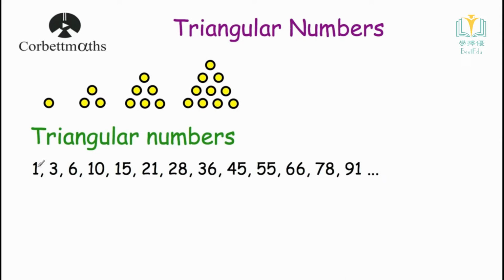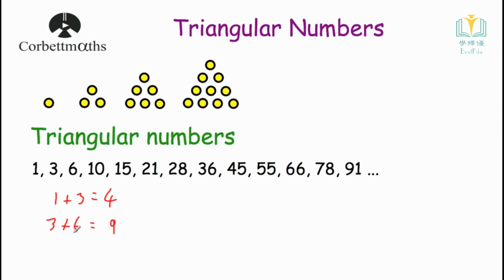Okay, now let's go back and look at our triangular numbers. Here are our first triangular numbers again, 1, 3, 6, 10, 15, and so on. One interesting thing with triangular numbers is if you add 2 consecutive triangular numbers, you'll get square numbers. If we take our first 2 triangular numbers, 1 plus 3 is equal to 4. Now let's use 3 and 6. 3 plus 6 is equal to 9.